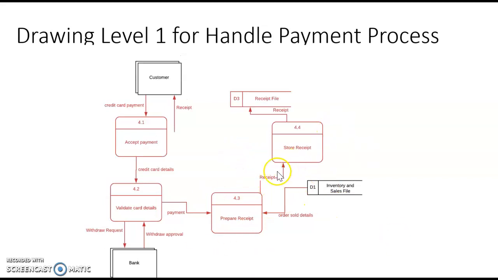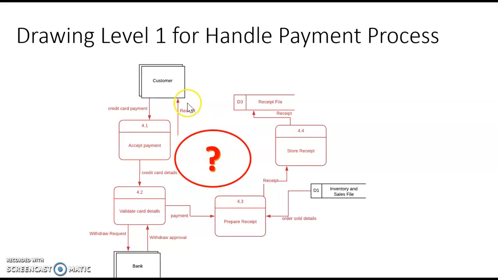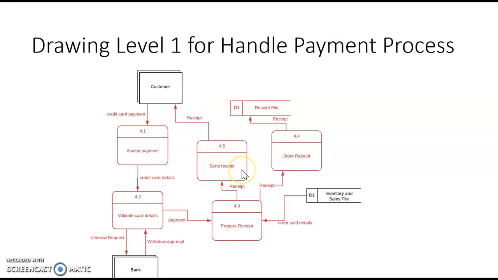The receipt, to do what with the output? To store it first, okay, with the 4.4 into a data store specially made for the receipt, and also we need to send it to the customer. So what to do with this? Just to store it? No, also to send it to the customer with a send receipt.